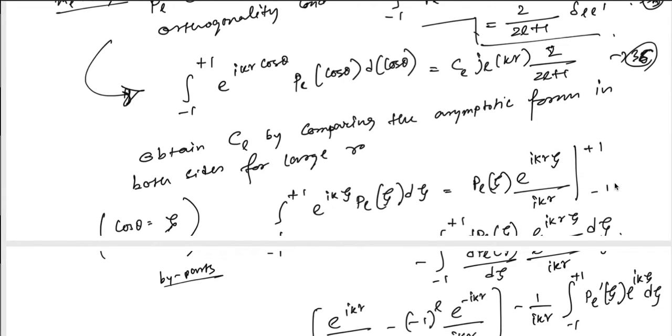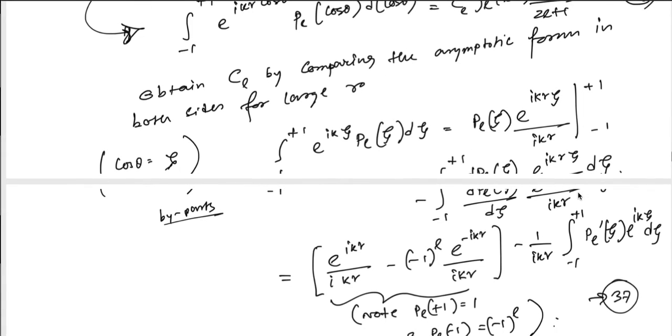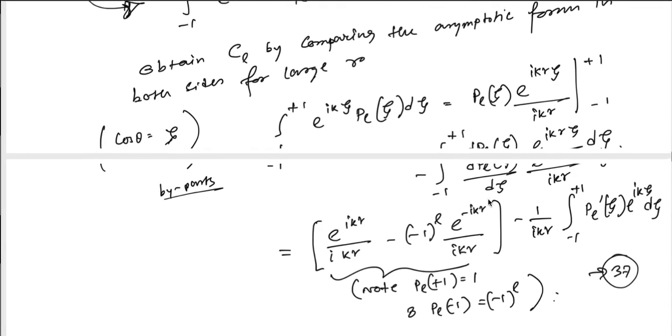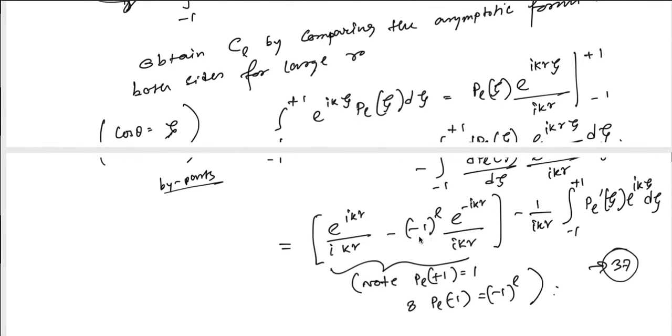When I do this definite integral, I get a form like this. This is done by using integration by parts, so you have these two terms. Now I want to plug in the limits plus 1 and minus 1 and write it in this form.